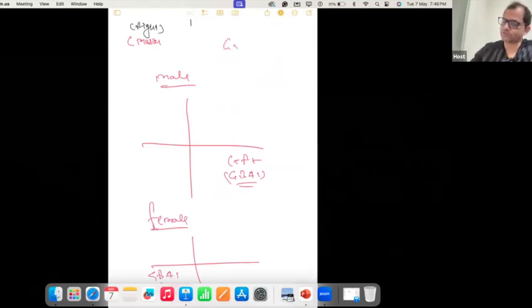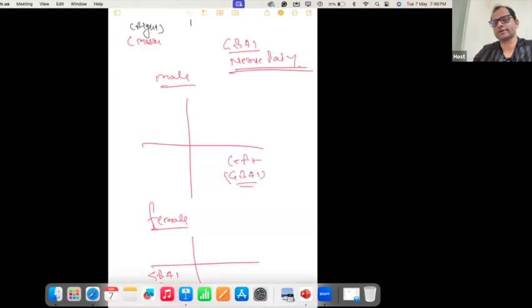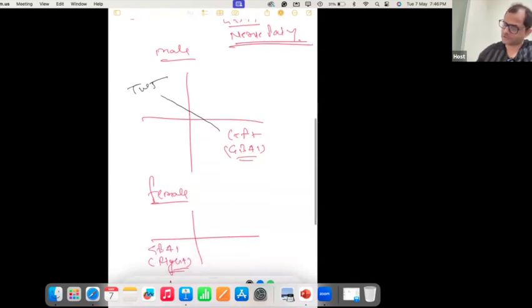So gallbladder 41 is a very good point for nerve pain, right? And wherever we are using this point, on the opposite side we can use triple warmer 5. Triple warmer 5 is the couple point. I think it's clear now.